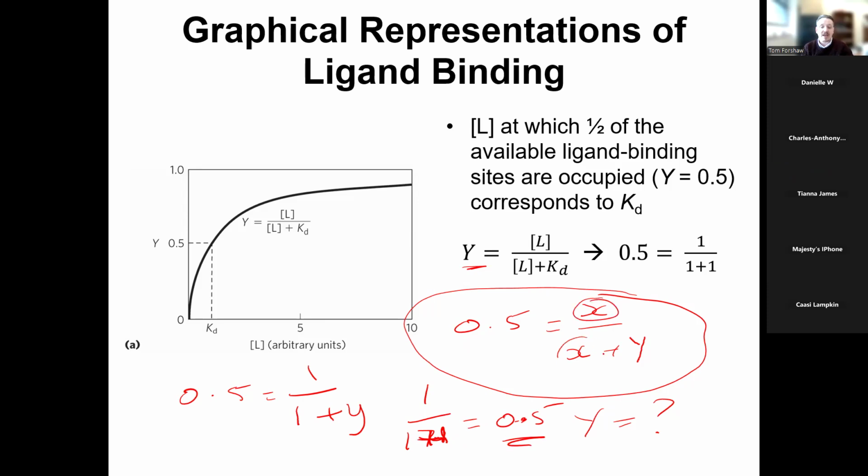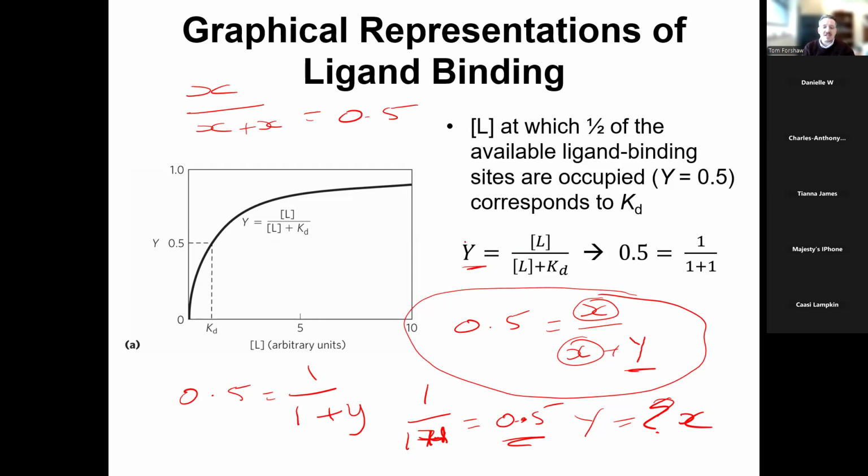So x divided by x plus y equals 0.5. Well, y must equal x, because x divided by x plus x equals 0.5, because it's just a number divided by double that number, which is going to be half that number.